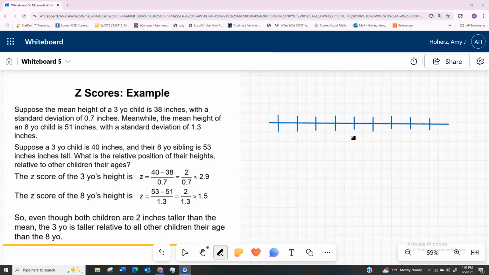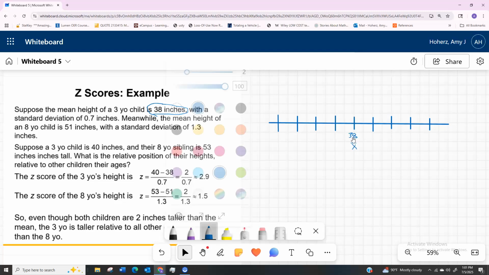Okay, so through the magic of pausing, I have our number line here. So let's start to fill in the information. So it says that our average is 38 inches, and so we're going to put that on our number line in the center, and that is our X bar. Make this a little bigger.